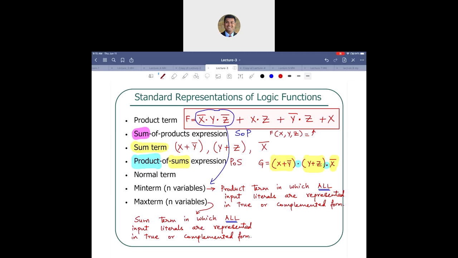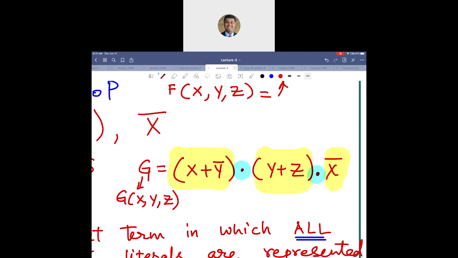Now, how about this? G is a function of x, y, z. How many max terms are there in that expression? Are there any max terms in that expression?